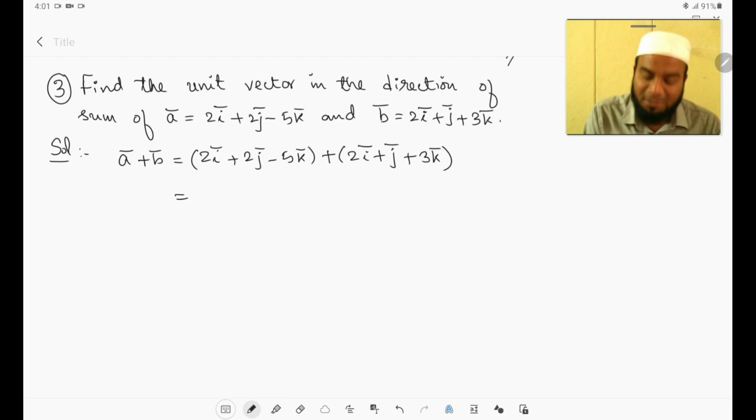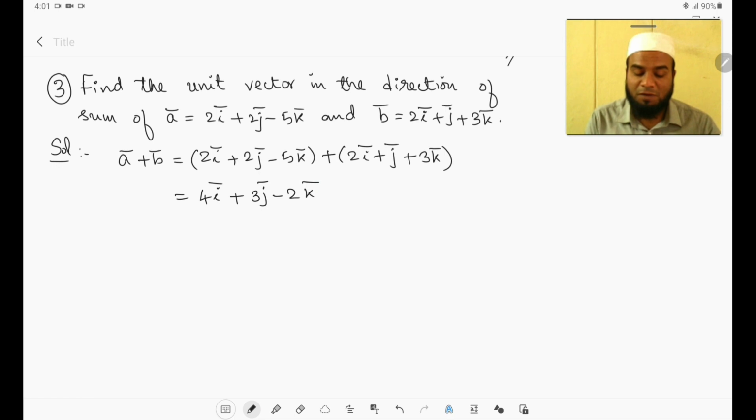How to add? Corresponding coordinates should be added: x coordinate with x, y coordinate with y, z coordinate with z. So what will we get? 4i bar plus 3j bar, and minus 5 plus 3 is minus 2k bar. This is a bar plus b bar.